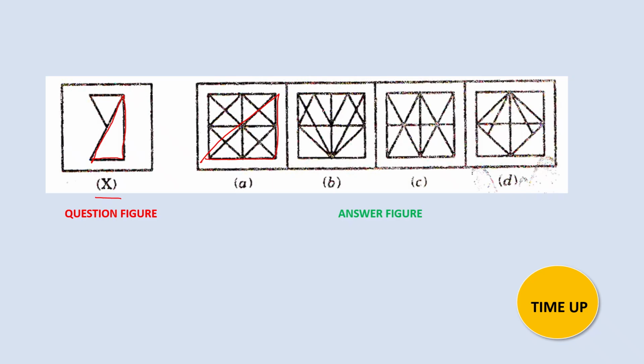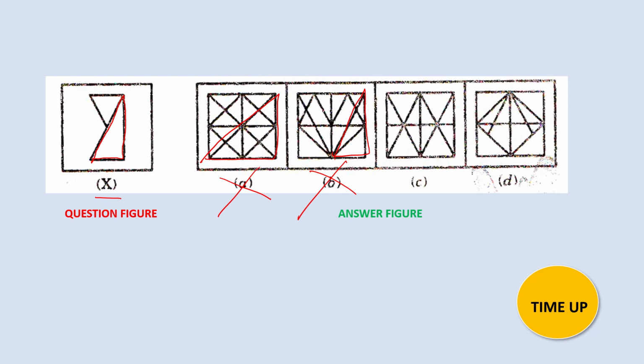So option A is wrong. Option B, if you go, you can find this triangle, correct? But then you have an inverted triangle somewhere here, and that you can't find in option B. So option B is also wrong.